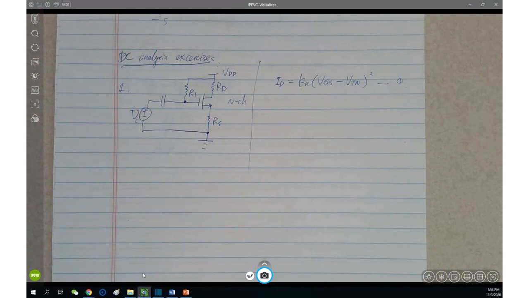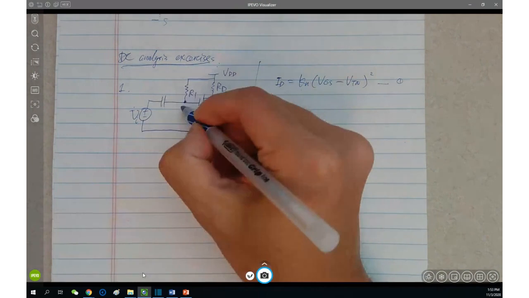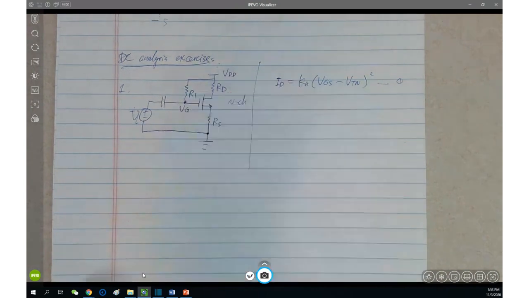These are the weapons. For the VGS KVL, what we need? VG, remember? So these are hints for you to come up with further equations. Now I give you 3 minutes to try to figure out the rest of the equations: how to find VG, how to write that KVL, the 2 KVLs.